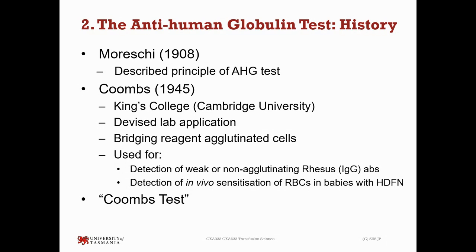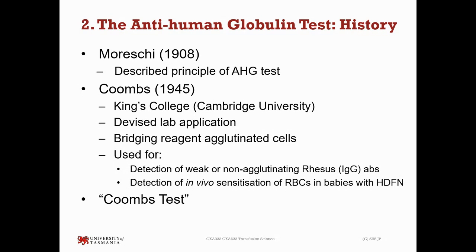And you can see here that it was used for the detection of weak or non-agglutinating rhesus or IgG antibodies initially. So rhesus is what was the name of the Rh blood group. We don't call it the rhesus blood group anymore because that's been shown to be a little bit different, but it's the Rh blood group that we call it.